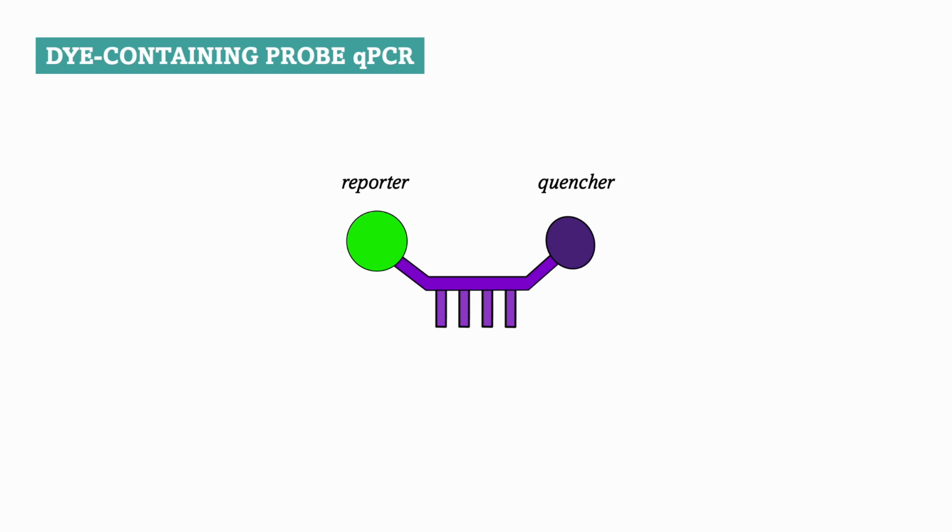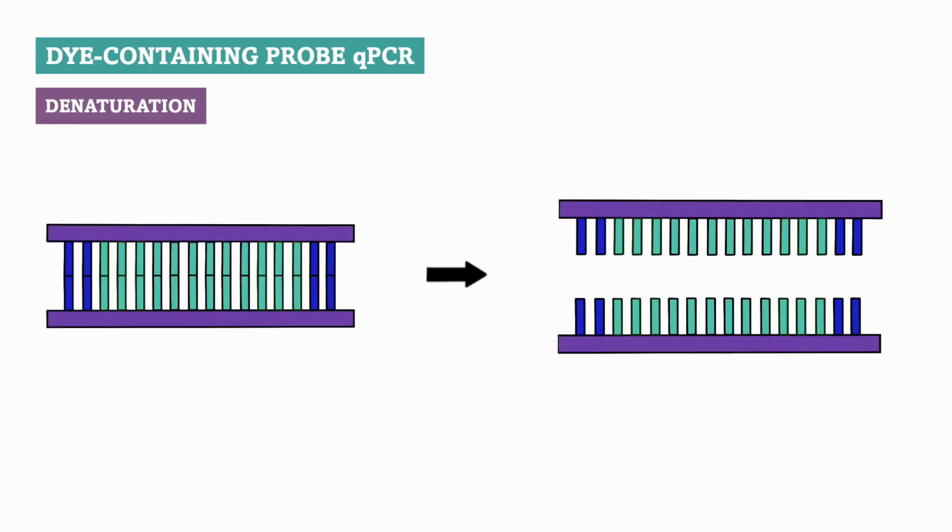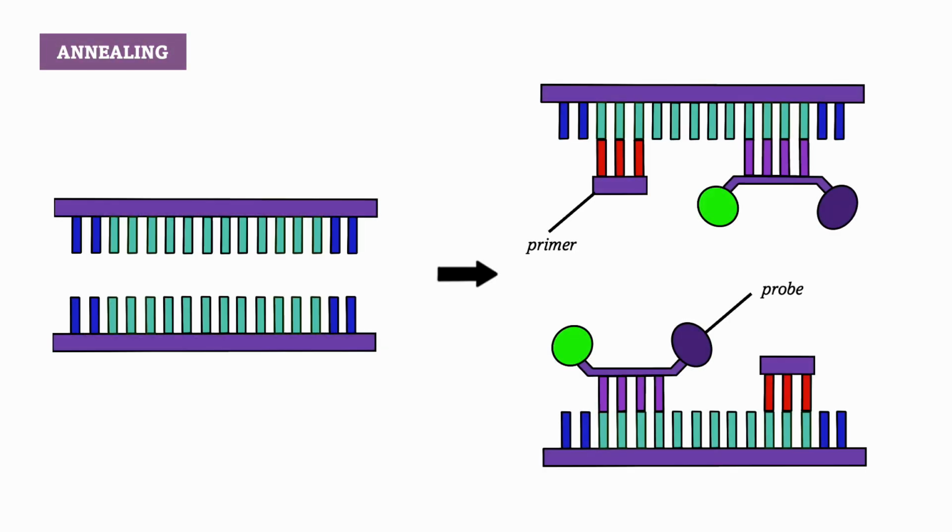Taking a closer look, you can see that the steps are once again very similar to the standard PCR. First, denaturation, when we once again separate the two strands, followed by annealing, when both the primers and the probes anneal to their complementary sequences, and now in extension the trick happens.